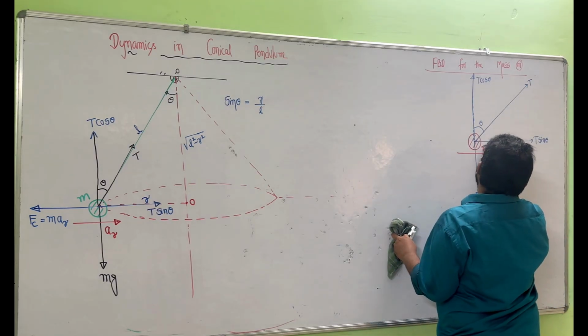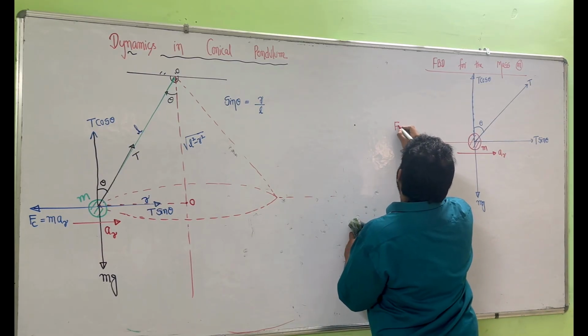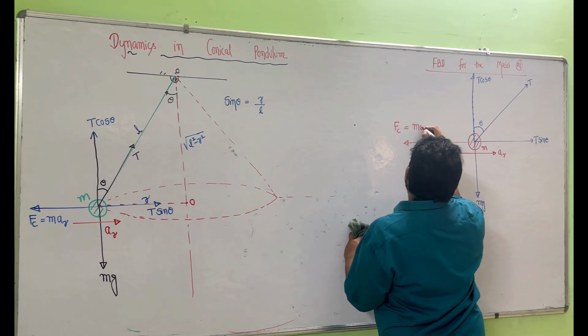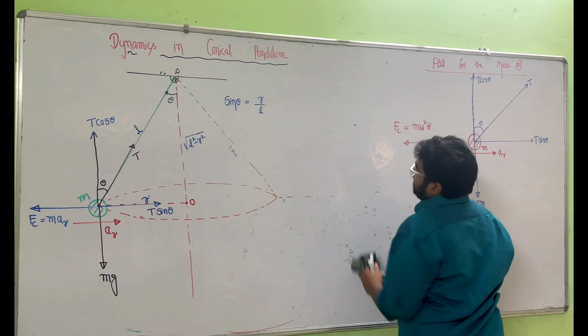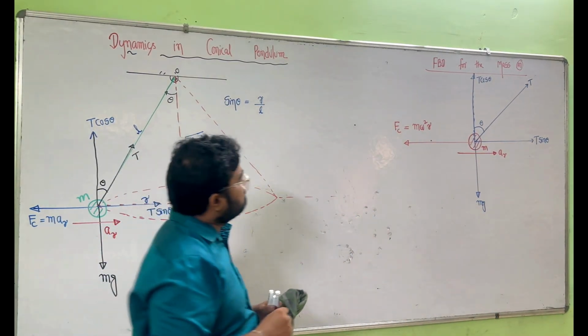Radial acceleration along this direction. Centrifugal force equal to M omega square R. In this case, R is not equal to the length of the string.